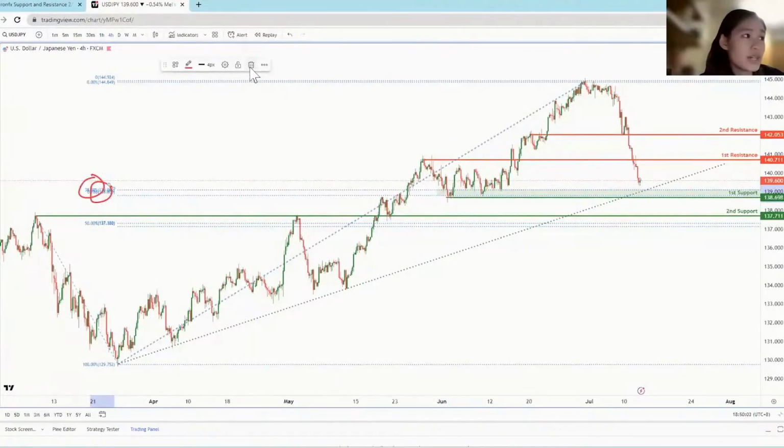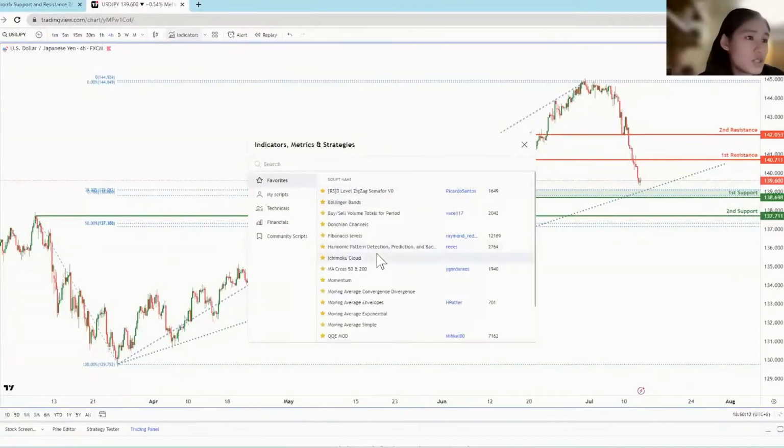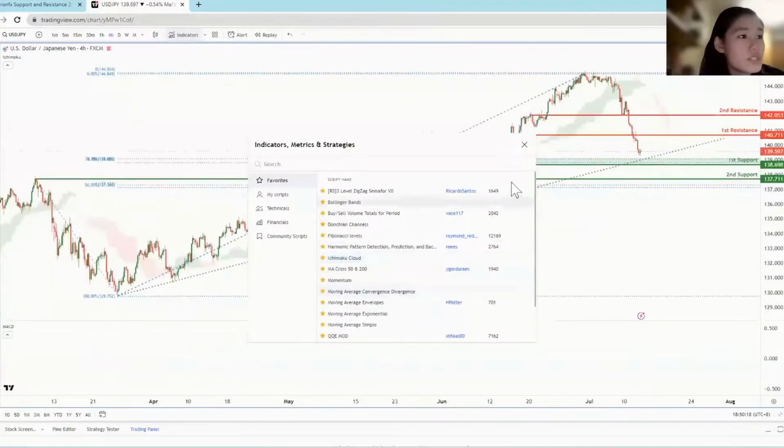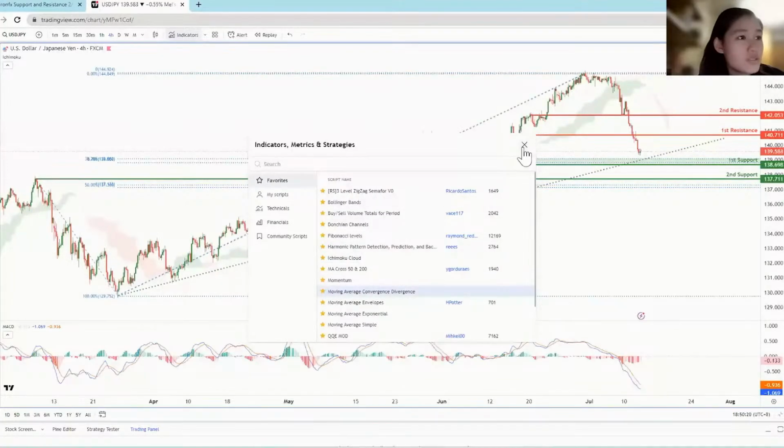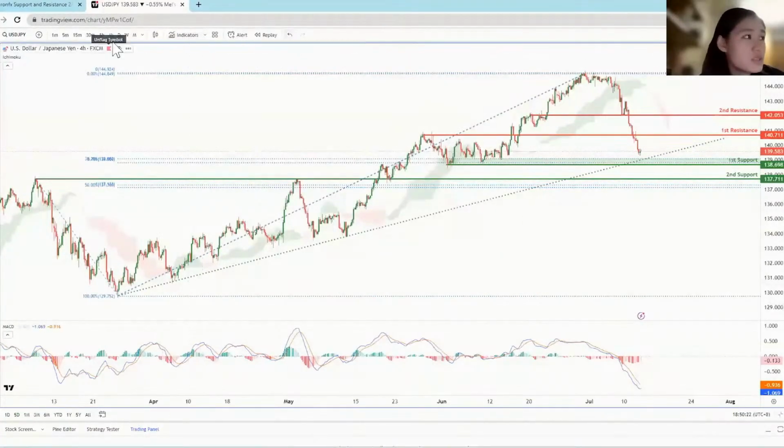Okay, now that we've done that, we'll go in with a couple of indicators to support our analysis. Okay, Ichimoku is giving us bearish. MACD is also giving us bearish.